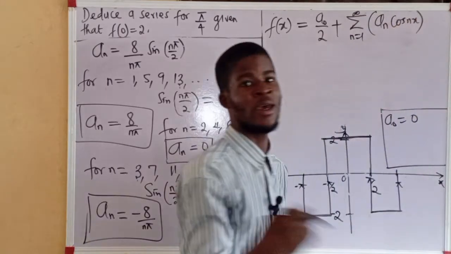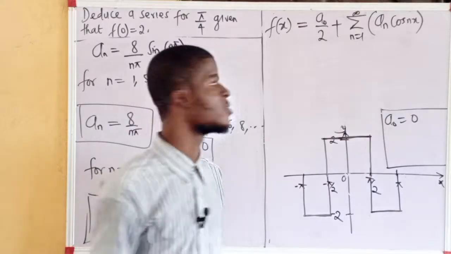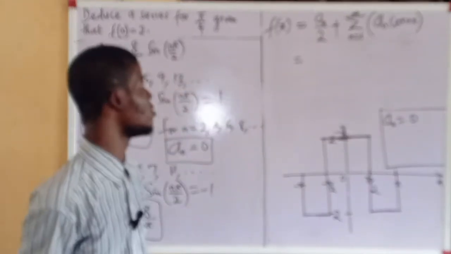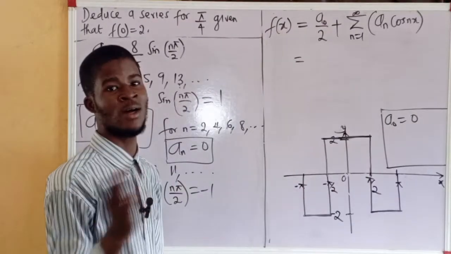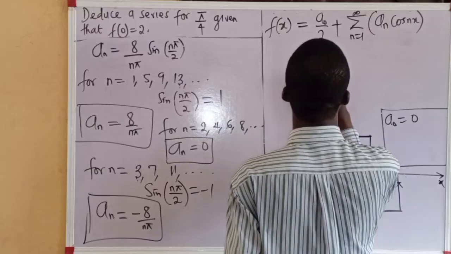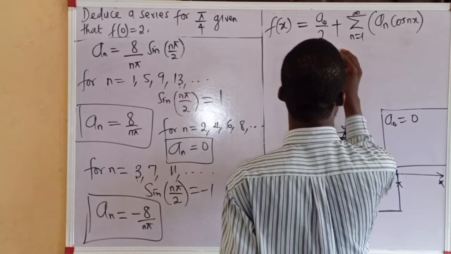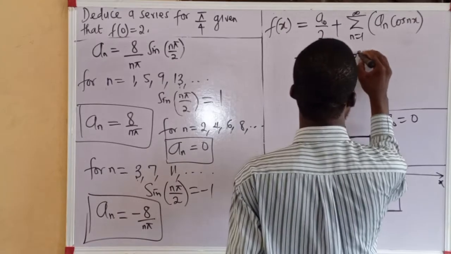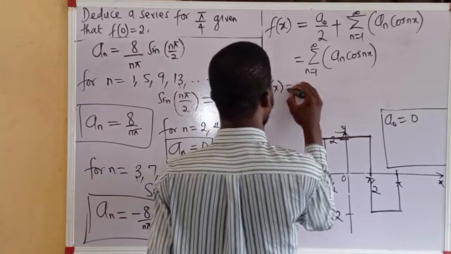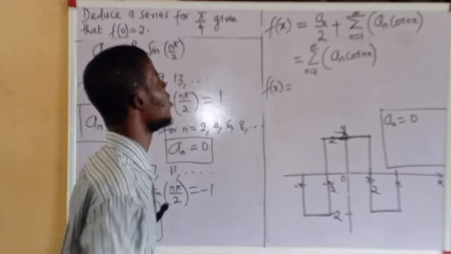There is no b sub n, there is no sine nx. So what is a naught here? A naught is 0, that's what we got. So 0 over 2 is 0, that one is out. So we are now taking the summation from n equal to 1 to infinity of a sub n cos nx. Okay, so what is f of x equal to now? Let's take the summation.